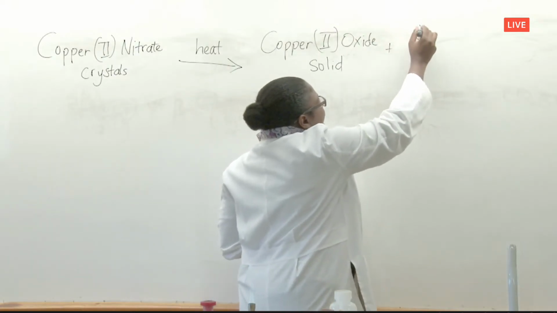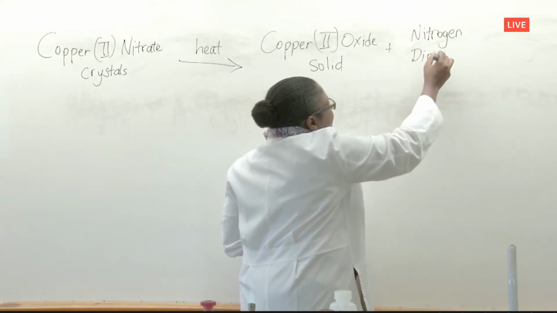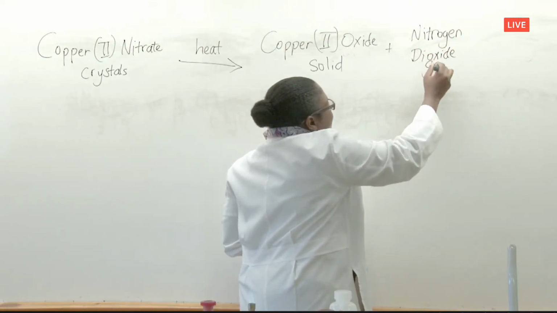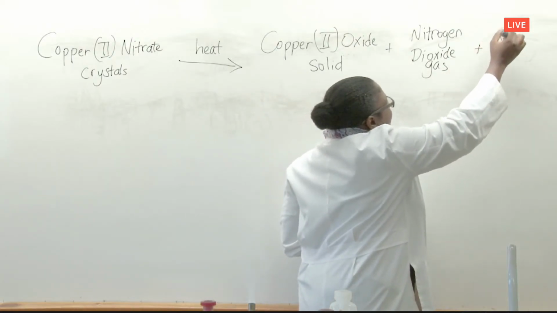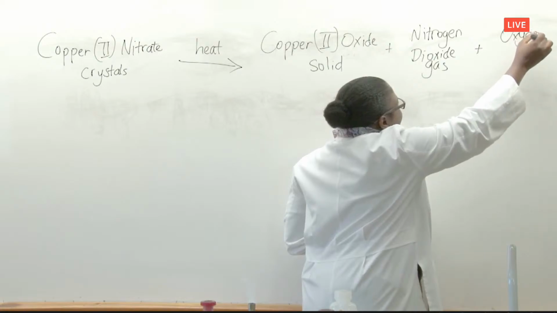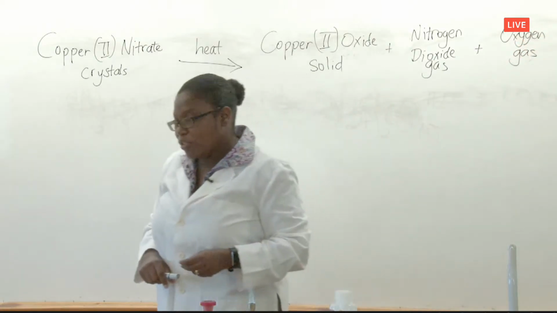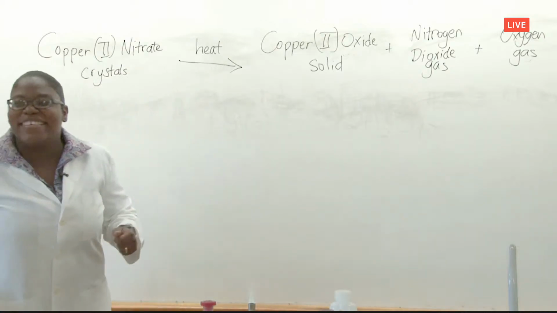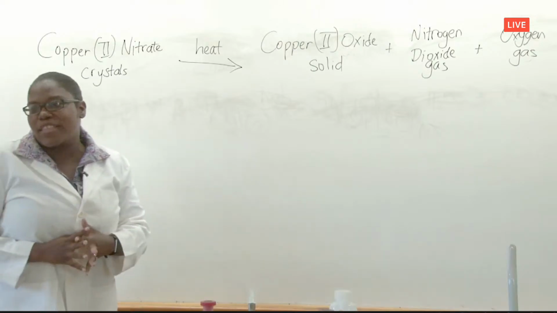We're going to get nitrogen dioxide gas, so look for that. And we're going to get oxygen gas. Well, oxygen gas, you could look for it, but you might not see it. Okay, so this is the worded equation for the reaction that we're going to do.